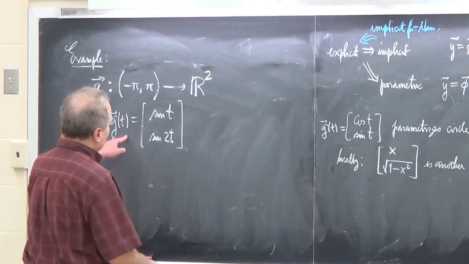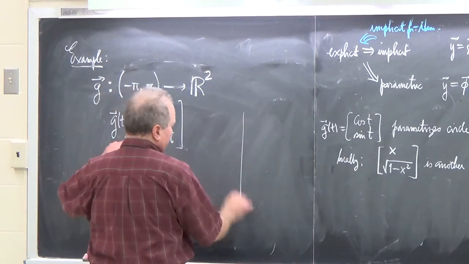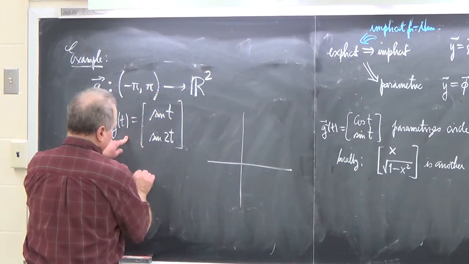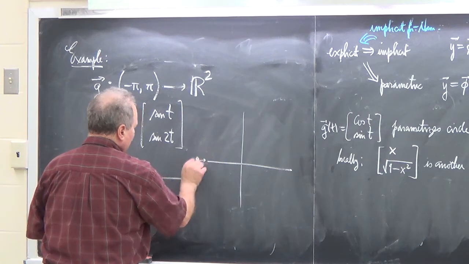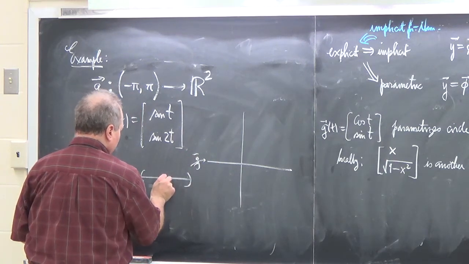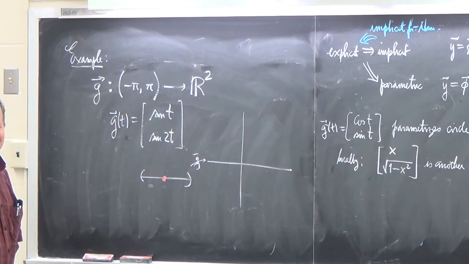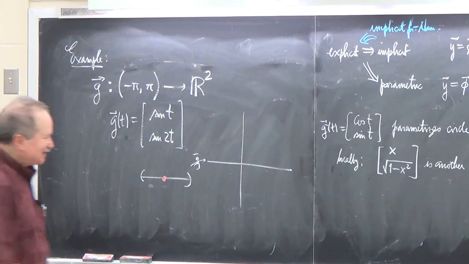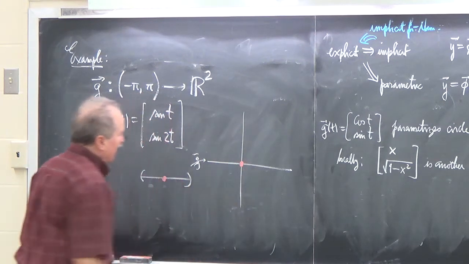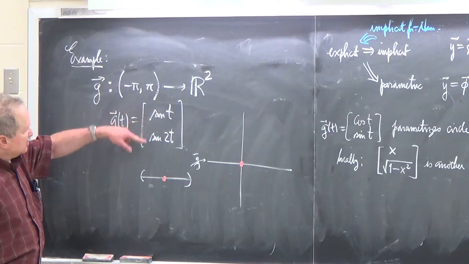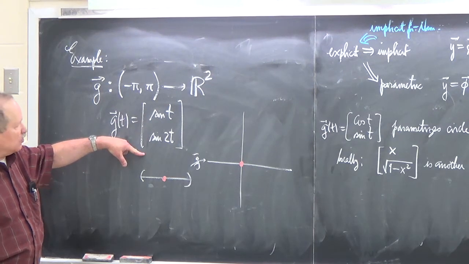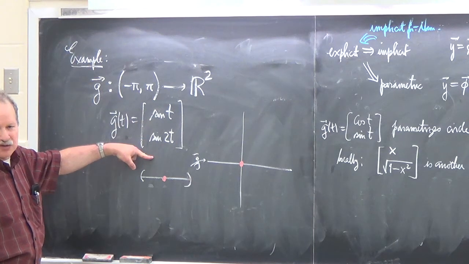What does this curve look like? Well, what's G of 0? 0, 0. And in fact, if you think about the derivative of this thing at t equals 0, the derivative is cosine t, 2 cosine 2t.